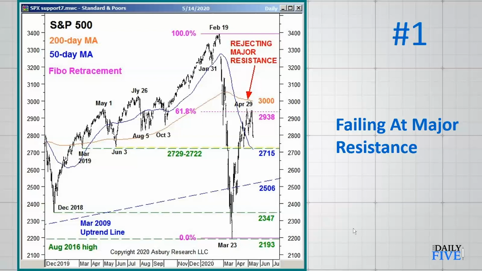So underneath the market, we have 2729 to 22, which are the June 3rd and March lows of last year. And also the 50-day moving average here, which comes in at 2715.